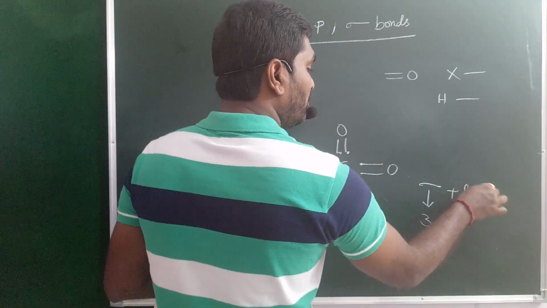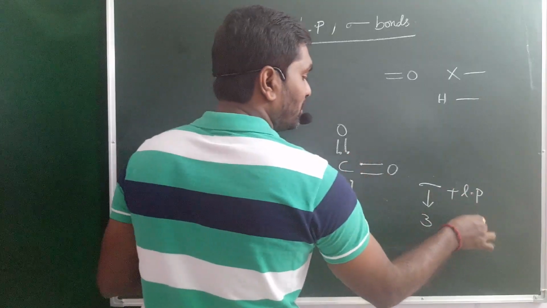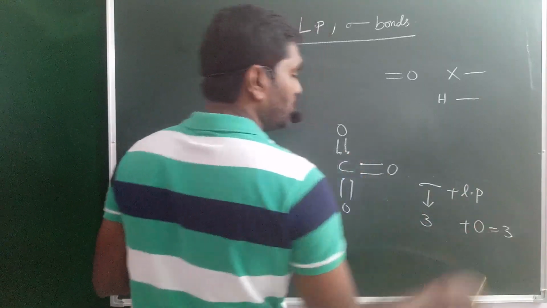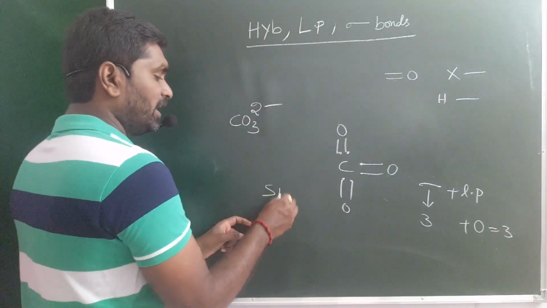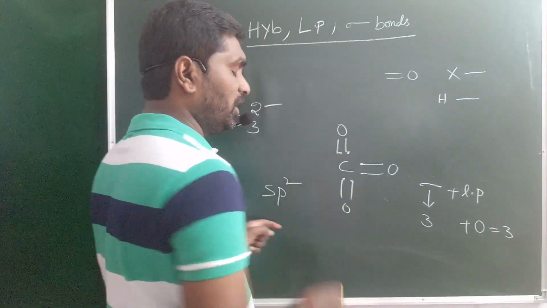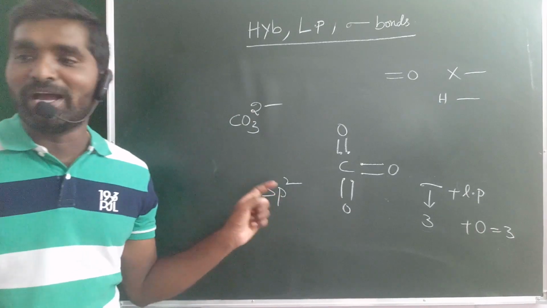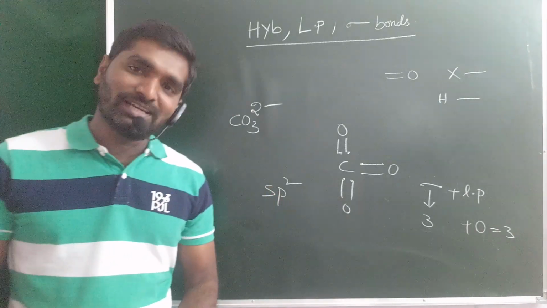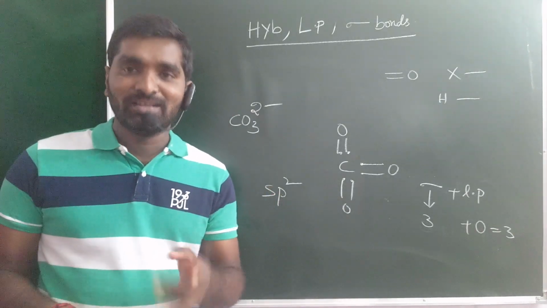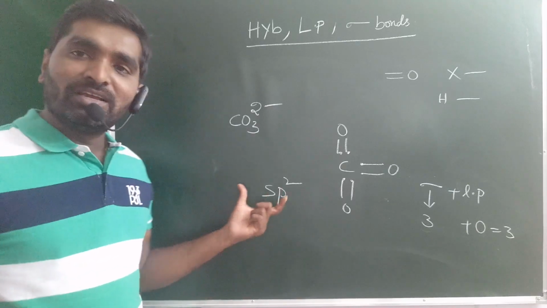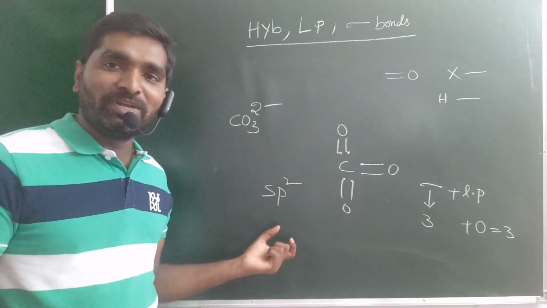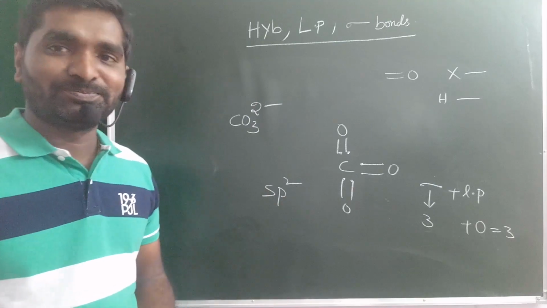Lone pairs present on the central atom are 0. 3 plus 0 is 3. That may be written like this: sp2, 1s and 2p. So sp2 hybridization. Is it clear? Is it right or wrong? Yes. In carbonate, carbon is in sp2 hybridization.